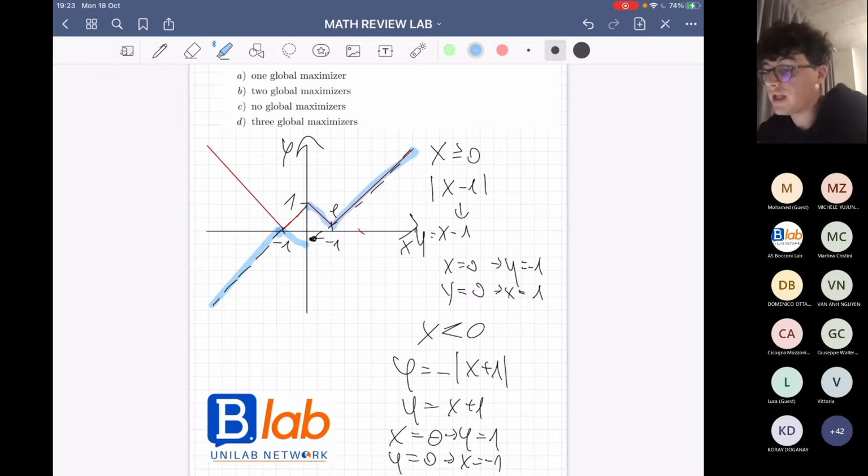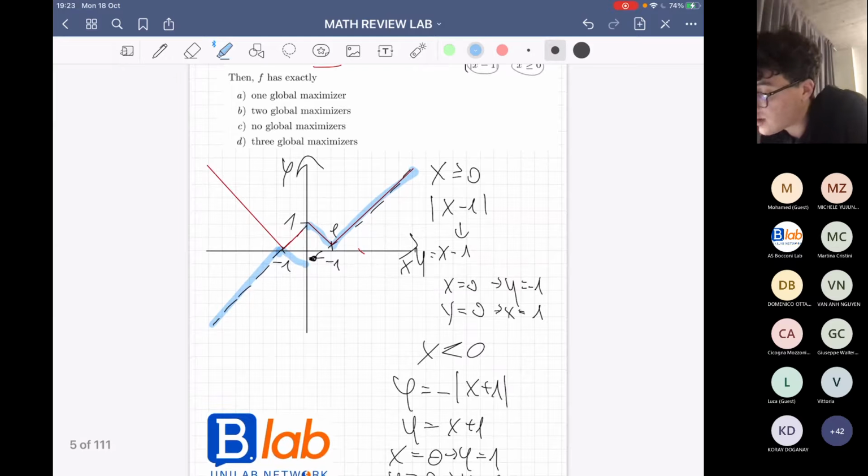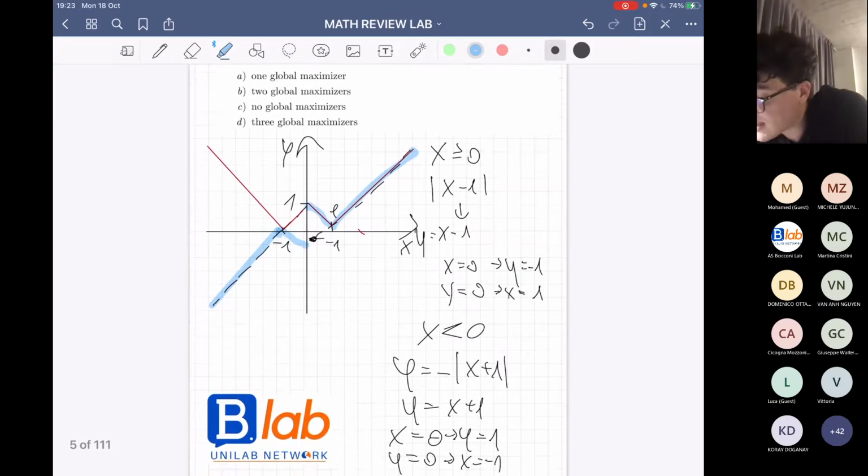Okay, so we see that in this case also there is no global maximizer. Why is there no global max? The correct answer is of course C, because we can see a not global maximizer, a relative maximizer, which is exactly this one, because it's the maximizer in this area.